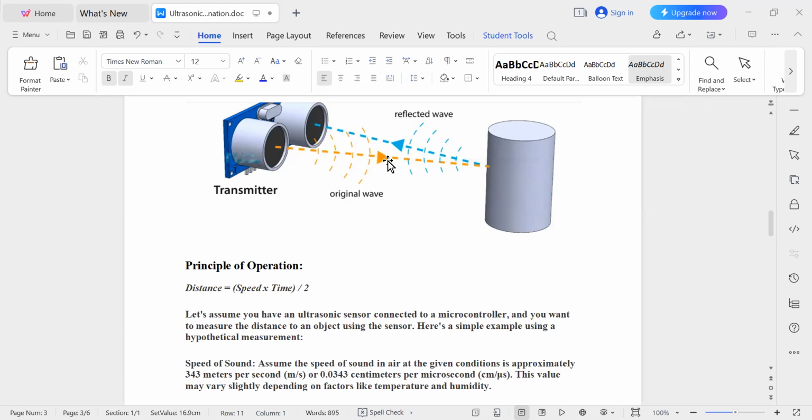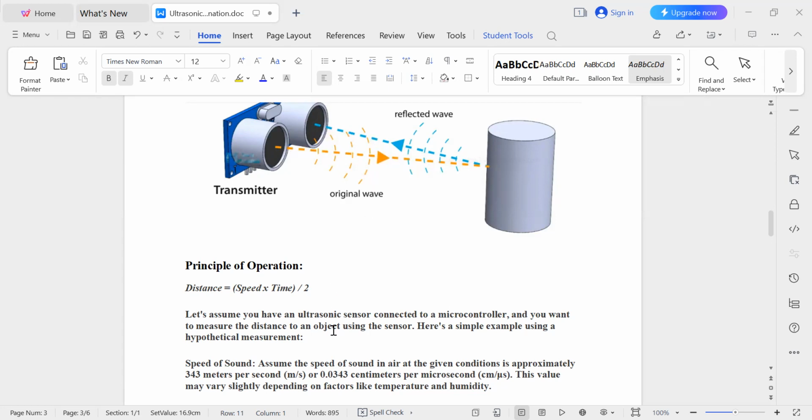For that purpose, we divide by 2: speed into time divided by 2 gives the distance. One way time I should take, but for the receiver I have to take the total time and divide it by 2.